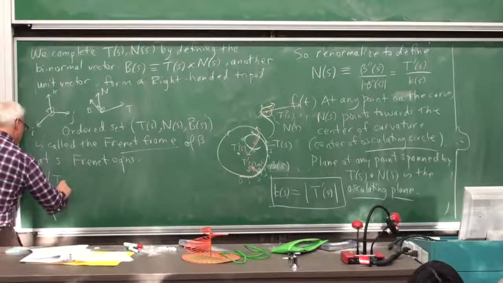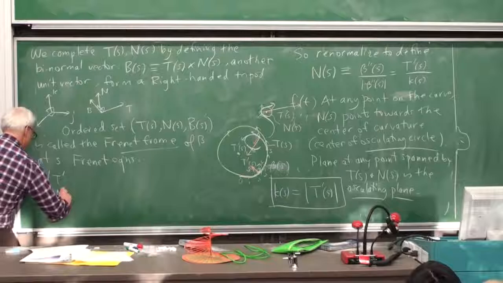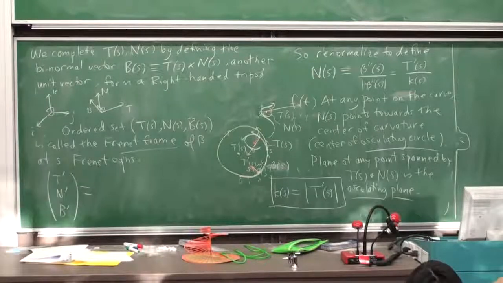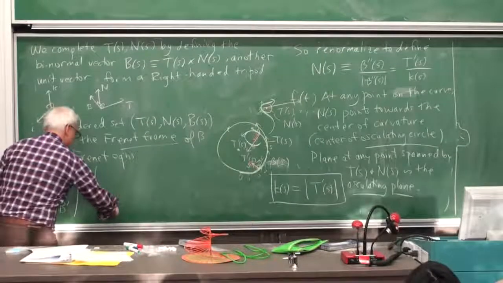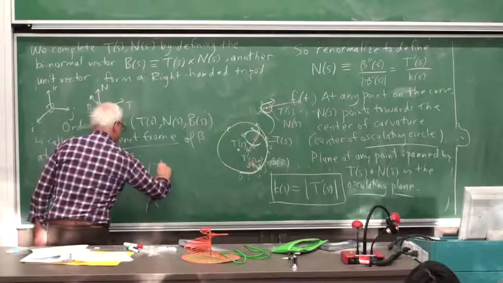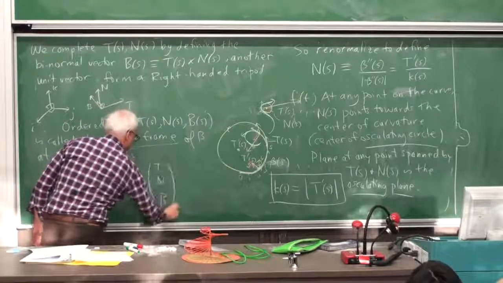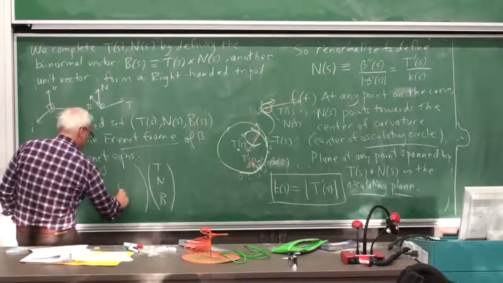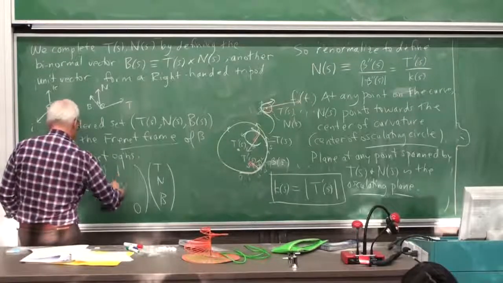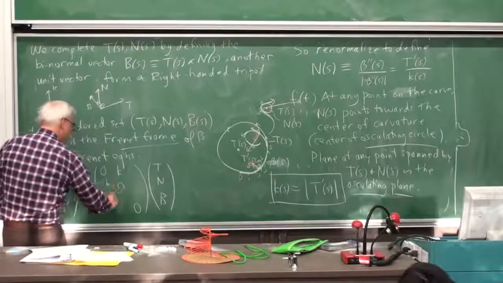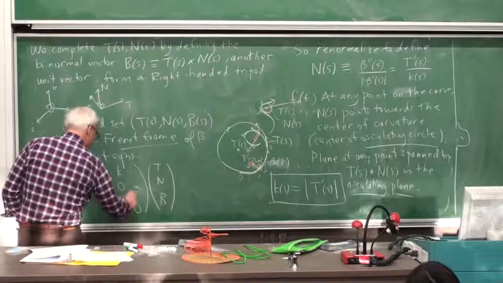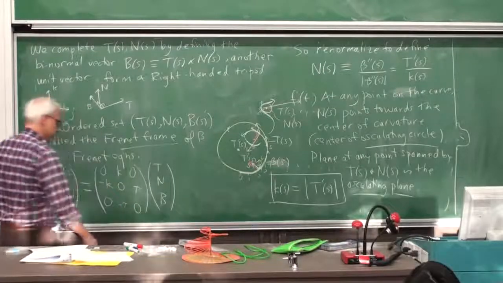If you take T prime, N prime, and B prime, so we're going to do all 3 of them at once with a single equation, then that's going to be a certain matrix times T, N, B. And the matrix has mostly zeros, but there's a K here, and there's a minus K there, and there's a new thing called tau here, and minus tau here, and otherwise there's zeros.